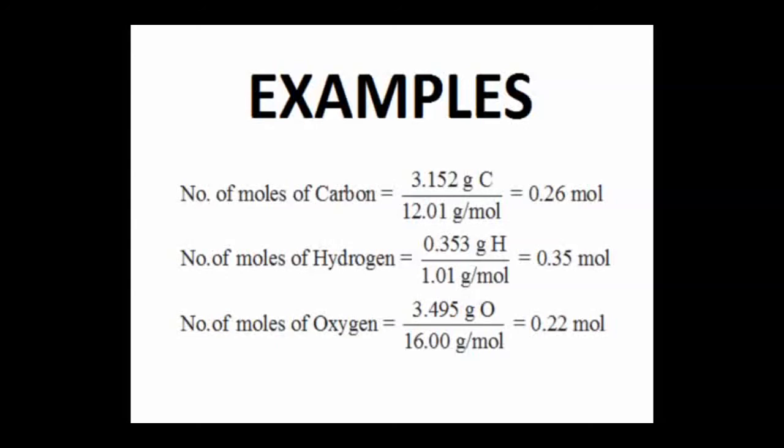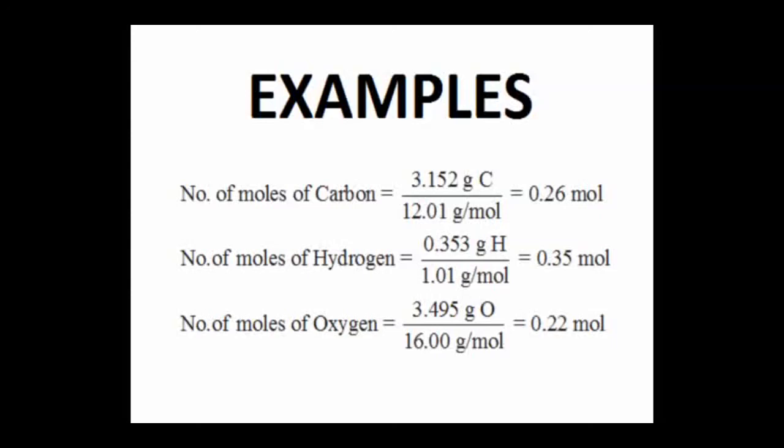In example 3, number of moles of oxygen. For example, if you have 3.495 grams of oxygen and you have to find the number of moles in it, what will you do? You know that the molar mass for oxygen is 16.00 grams per mole.